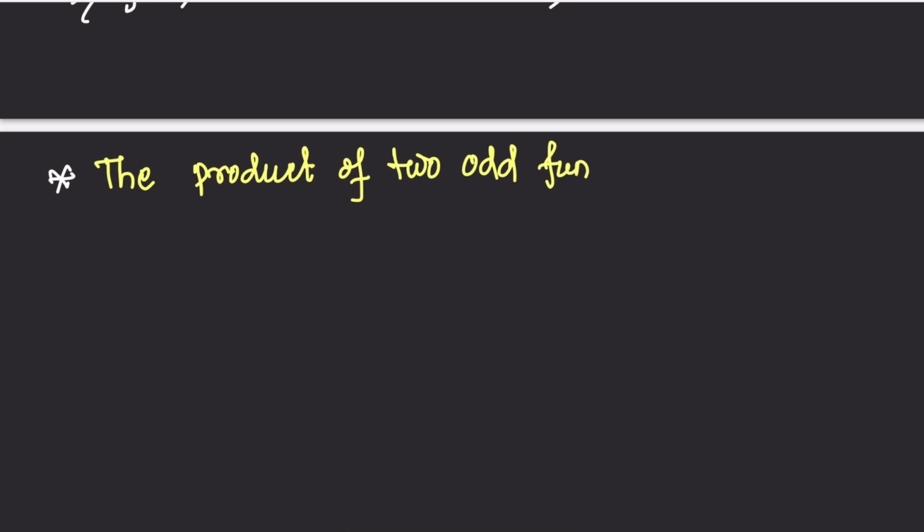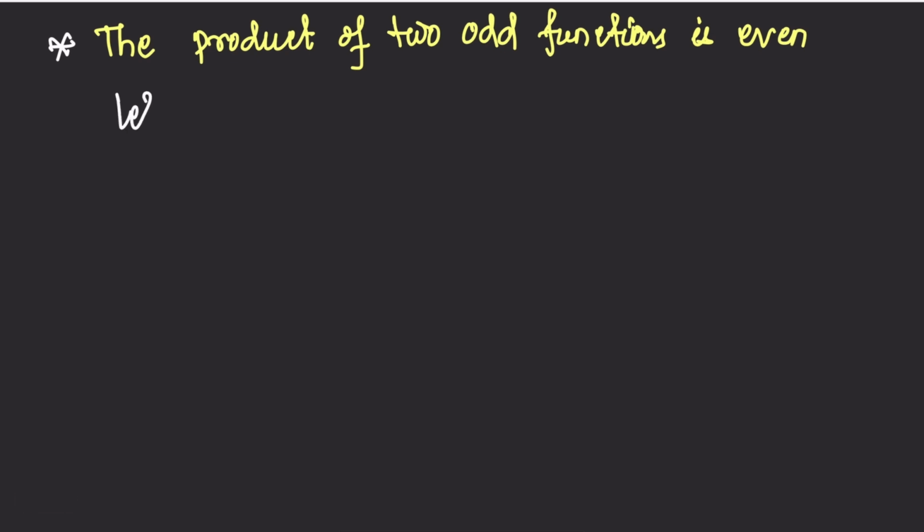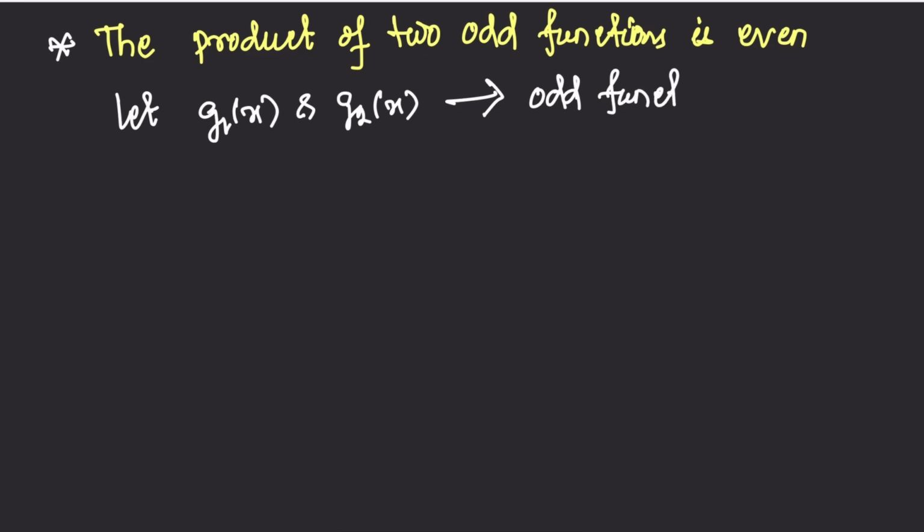The product of two odd functions is even. Let's prove it. Let g1x and g2x be two odd functions, and g of x is defined as the product of g1x and g2x.